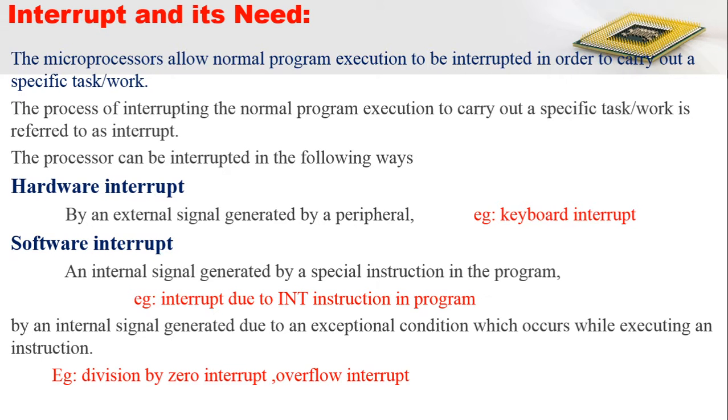Microprocessors allow normal program execution to be interrupted in order to carry out a specific task. Sometimes the microprocessor wants to interrupt the currently executing program in order to execute certain other important tasks.